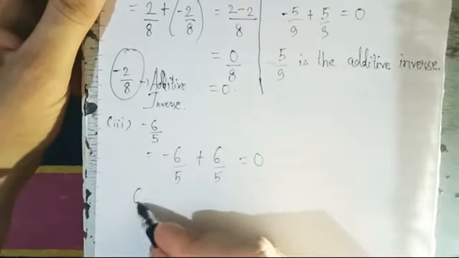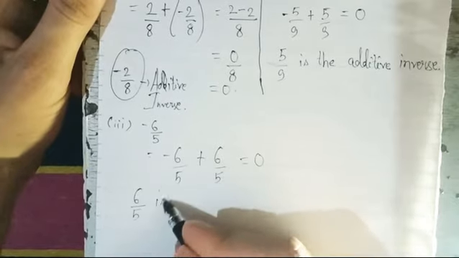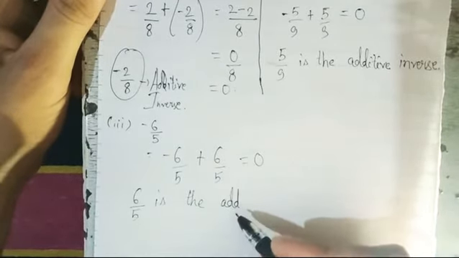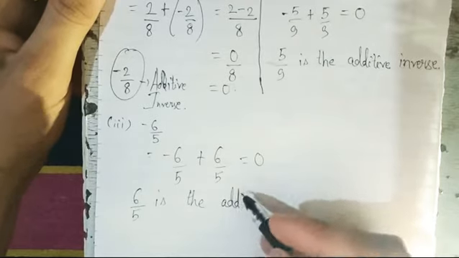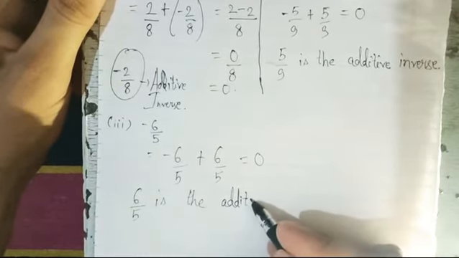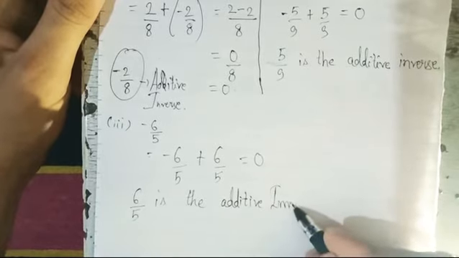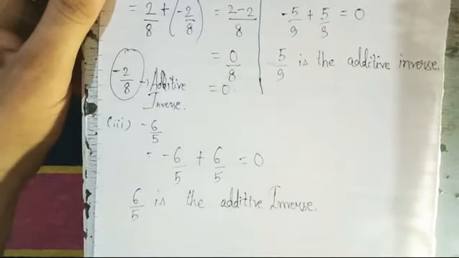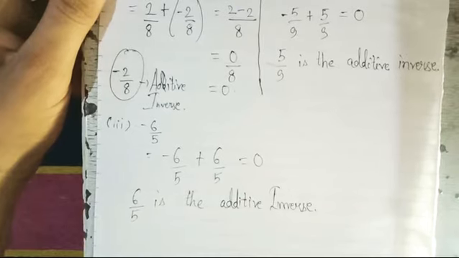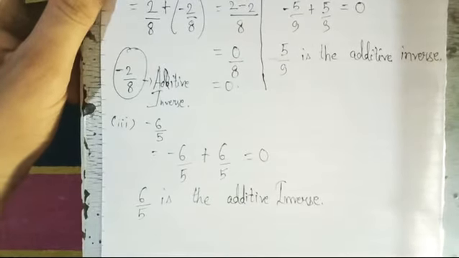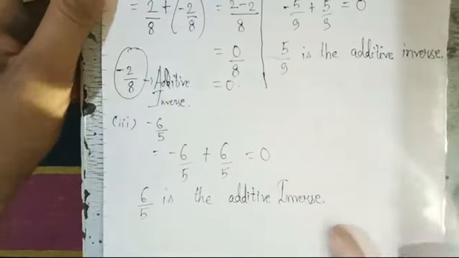So we can say 6 upon 5 is the additive inverse.